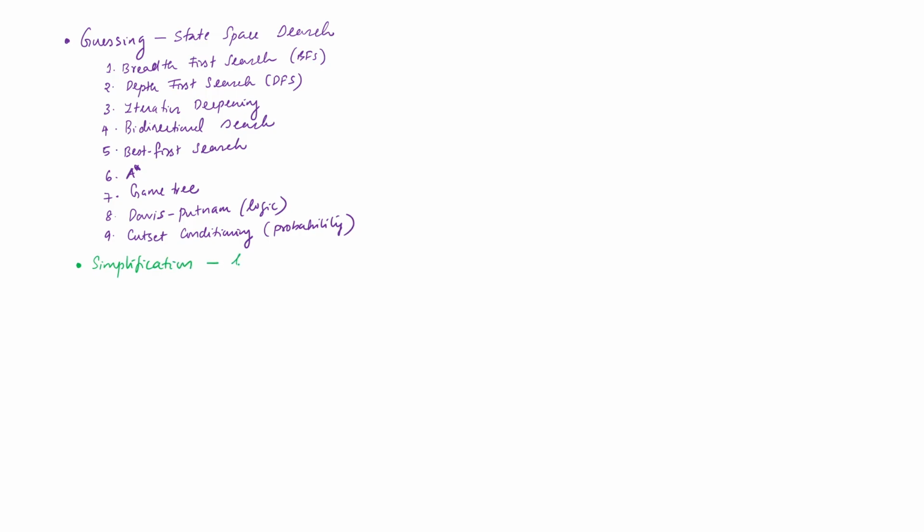which is another thing, constraint propagation. So, some examples of this are forward checking, forward chaining, forward checking. Then path consistency.